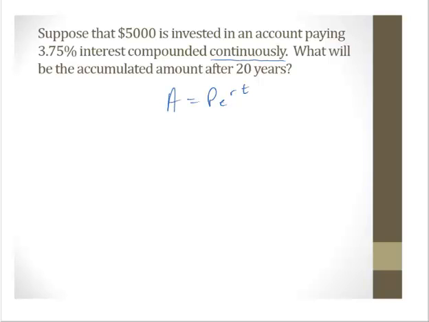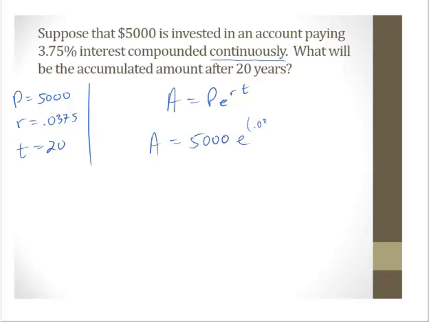We aren't told the number of compoundings per year, we're told it's continuous. So our principal is $5,000, our rate is 0.0375, and time is 20. So the accumulated value would be 5,000 times e to the 0.0375 times 20.